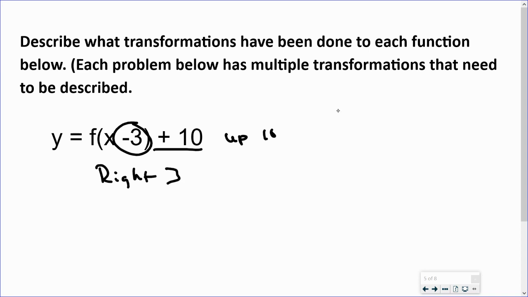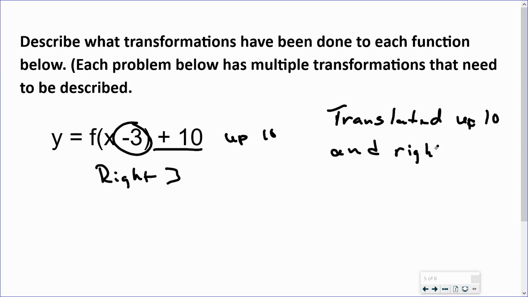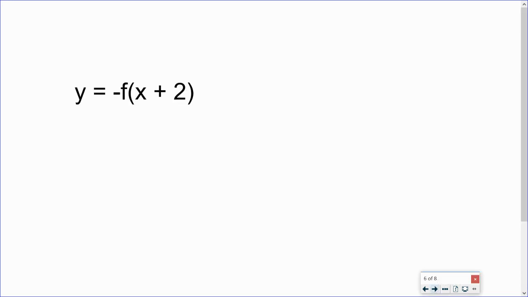So my answer would be translated up 10 and right 3. Okay, so for that one, that's all I gotta do. Remember, you got translated, reflected, or you can say stretched by how much it goes, depending upon the problem.